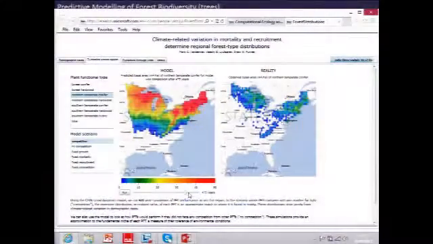Now, it's not perfect. The model hasn't been fit to this data. This is an independent test, so that's pretty good. And we can look at other groups too, like here's the northern conifers, for example. As we go forward, we can see that they end up adopting a northern range, like we see in reality, and so on. So that's some work that my postdoc, Mark Vandervelde, he's moved on now, he's at the University of Florida, did.